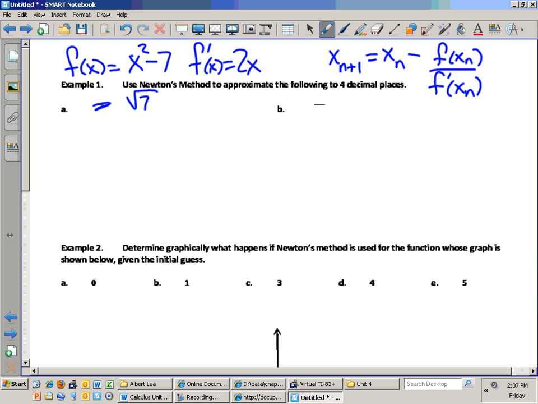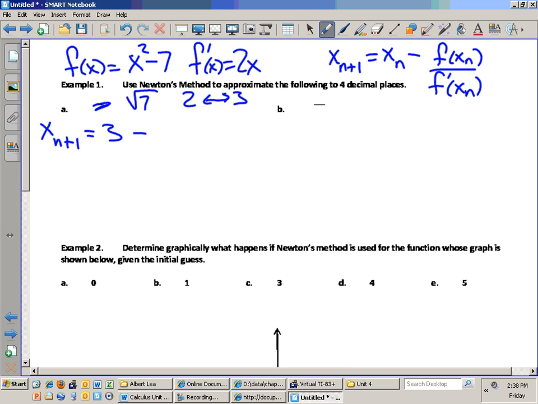I have both. Well, the square root of 7 lies somewhere between 2 and 3. I'm going to guess 3. 3 squared is 9. That's fairly close to 7. Let's see if we can approximate that value here. Newton's method says x sub n plus 1 is equal to my guess, which is 3, minus my function evaluated at 3.